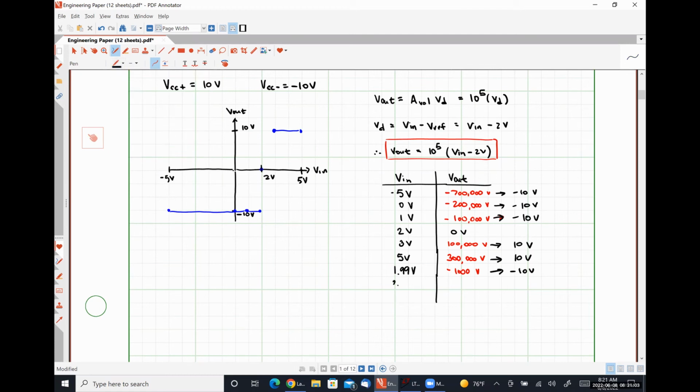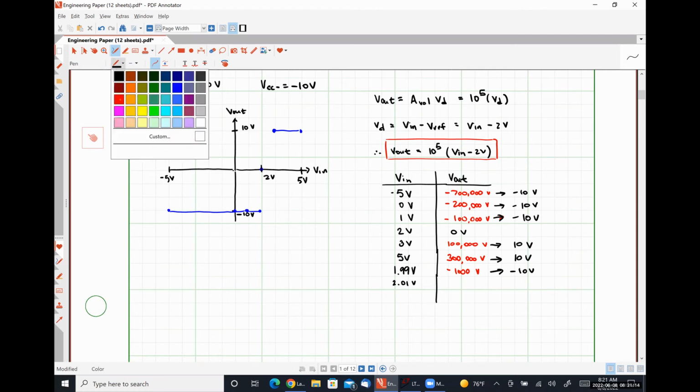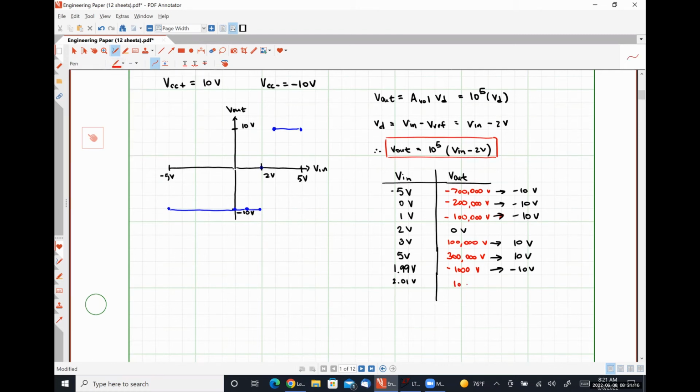Similarly, if we apply a voltage of 2.01 volts, our differential voltage is now positive 0.01 volts, and we should observe a voltage of 1,000 volts at the output, which is much greater than VCC plus. So this is going to look like plus 10 volts.